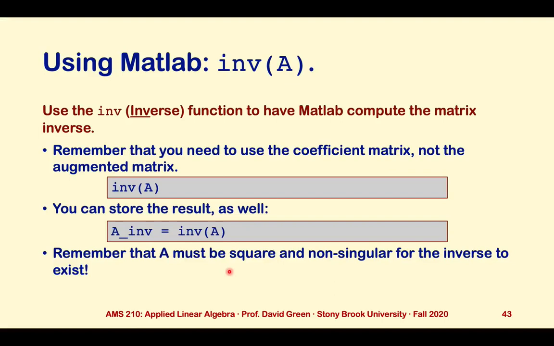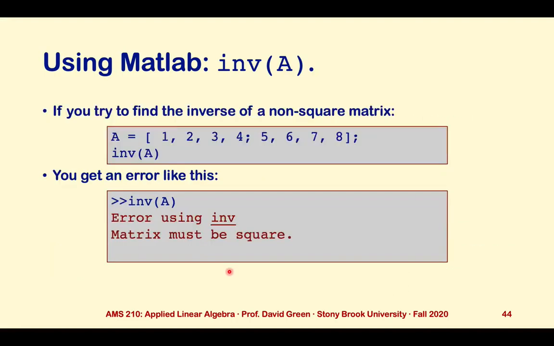What happens if we ask Matlab to do something it shouldn't be able to? Luckily, Matlab often gives a very clean error. If I try to invert this matrix, I've written not one line. This is the matrix 1, 2, 3, 4, new row, 5, 6, 7, 8. This is a 2-row, 4-column matrix.